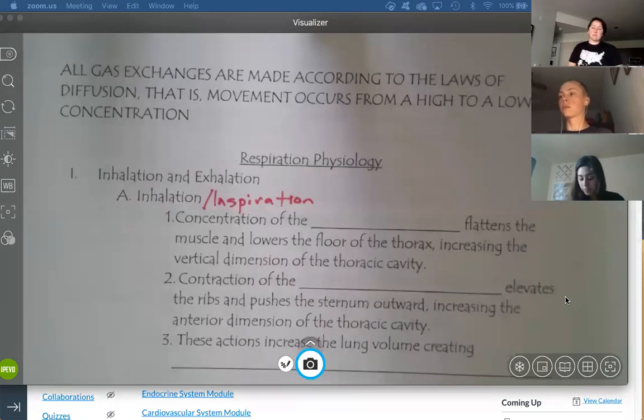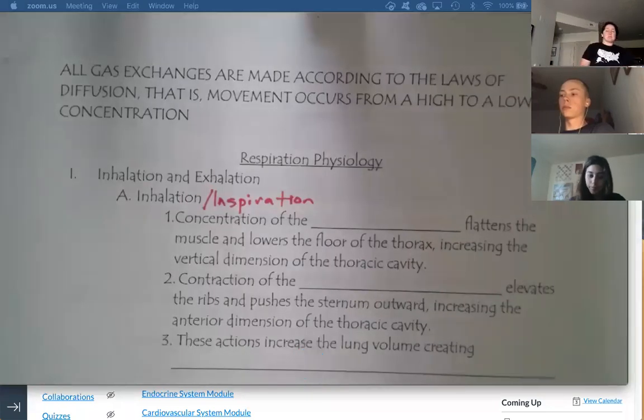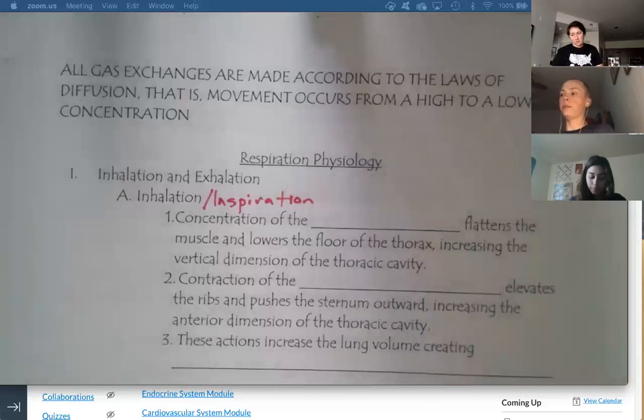As we talk about this, we need to remember that there are a few different muscles that we discussed that contribute to your ability to breathe. Okay, we have the diaphragm, and we also have the intercostals, both the internal and external intercostals that sit in between the ribs, one layer on top of the other. Those are key in you breathing.